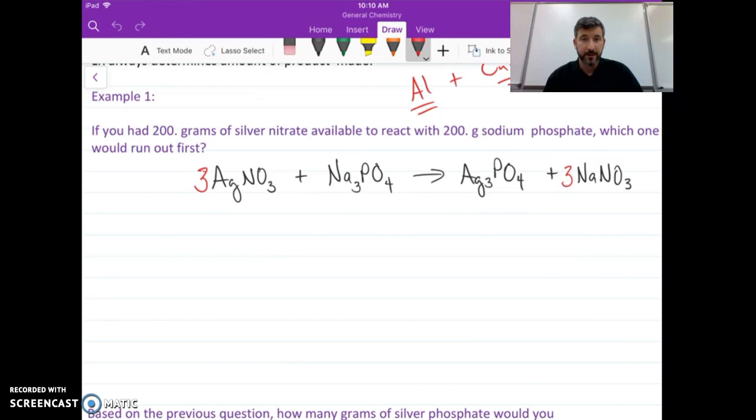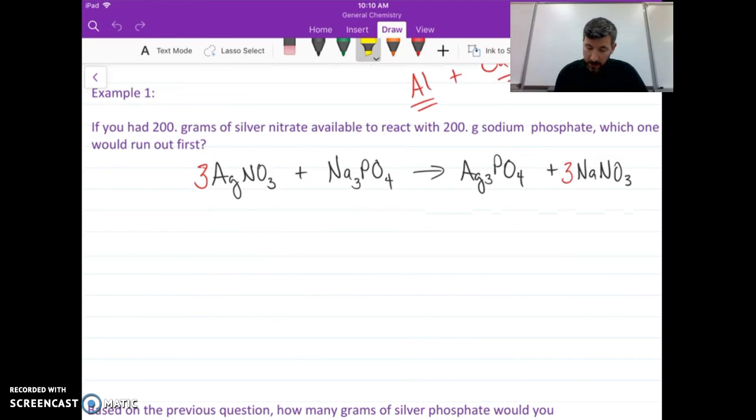So how do we do a limiting reactant problem? How do we determine, if we can't watch the reaction happen, which one of these two reactants is going to run out first? Is it going to be the 200 grams of silver nitrate, which I'm going to label right down there, or is it going to be the 200 grams of sodium phosphate? I also have 200 grams of this stuff.